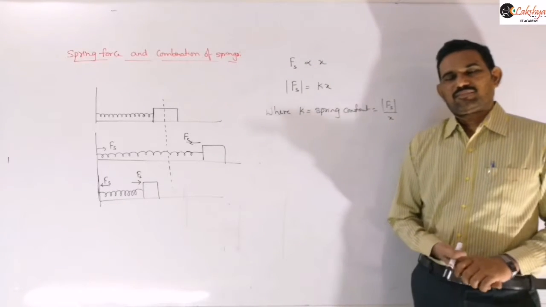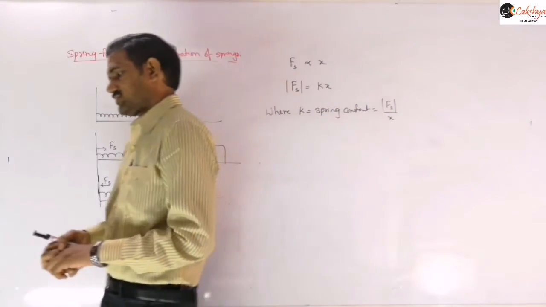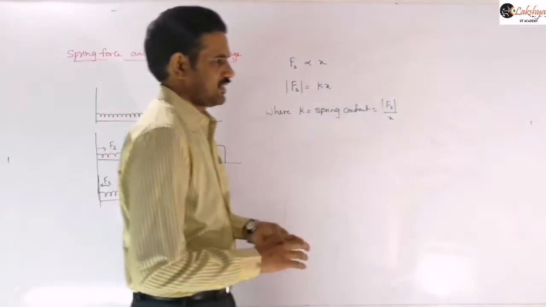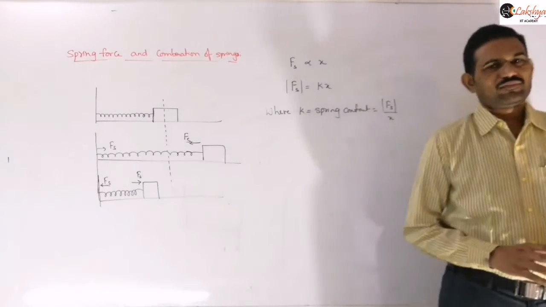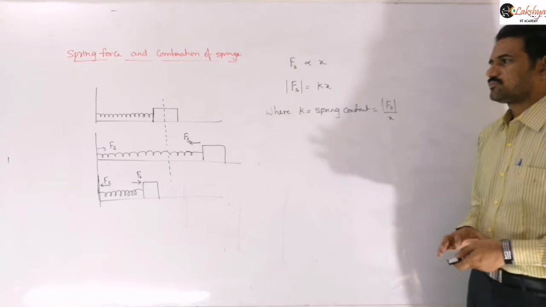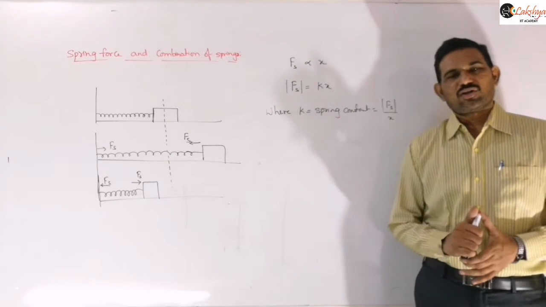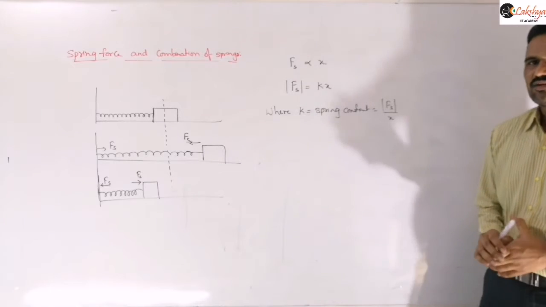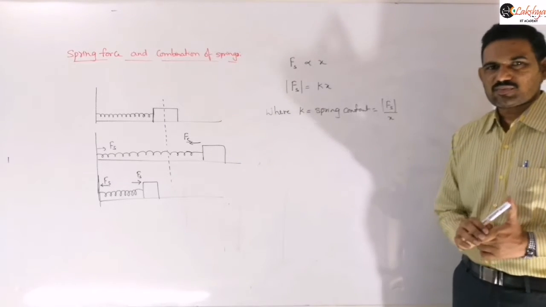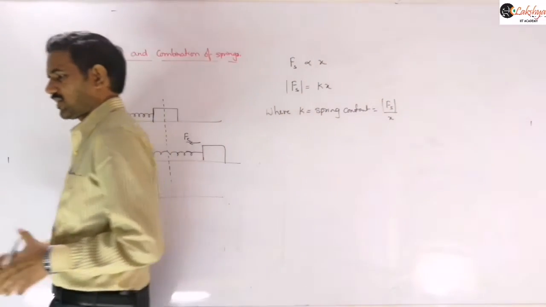According to Hooke's law, the magnitude of the spring force is directly proportional to the elongation or compression produced in the spring. That is simply the deformation produced in the spring.